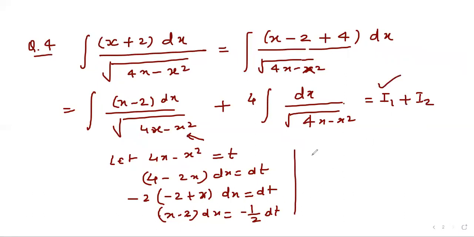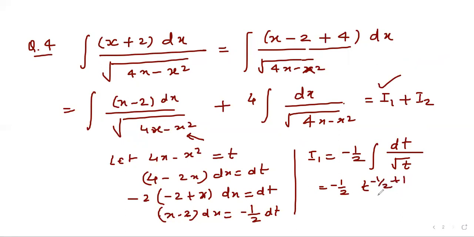I1 equal to integration, minus half integration dt divided by root t, which is equal to minus half t power (minus half plus 1) divided by (minus half plus 1), because this will be t power minus half, and integration of x power n is x power (n plus 1) divided by (n plus 1).